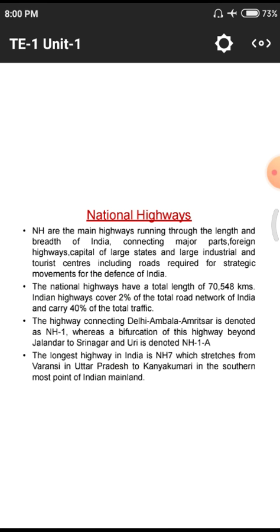We need to memorize and understand the traffic situation: 40% of the traffic is on national highways, and the remaining 60% is on state roads, other district roads, major district roads, village roads and express highways.